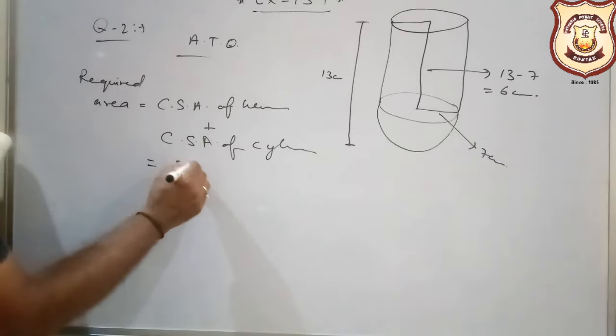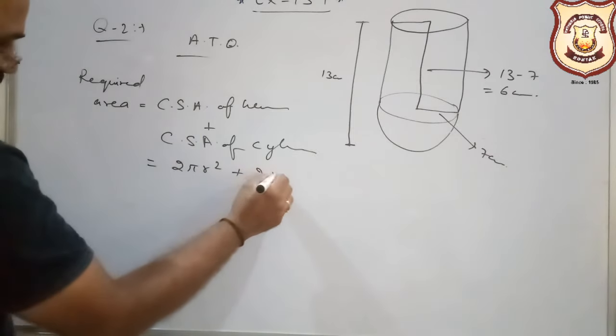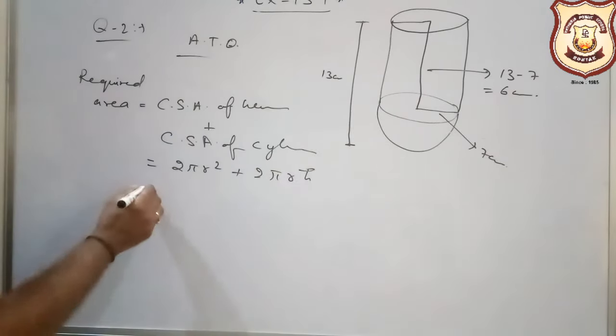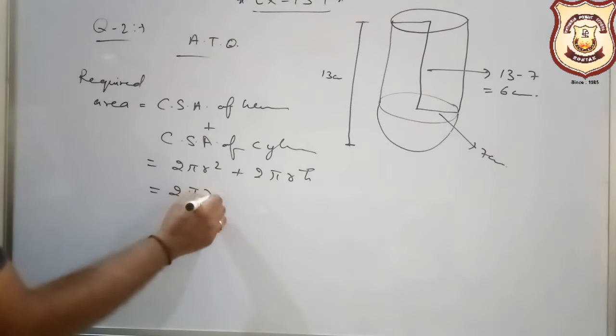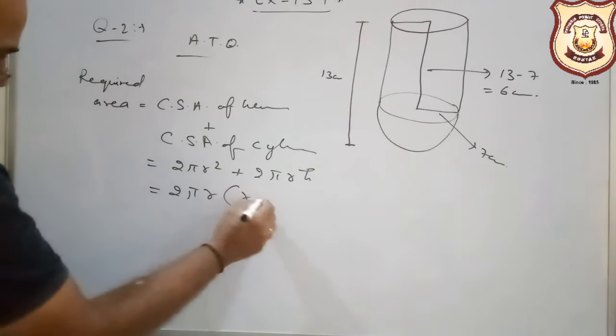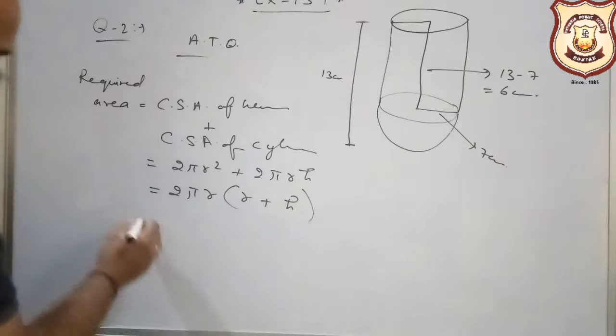That is 2 pi r square plus 2 pi RH. So 2 pi r you take common, (r plus h).